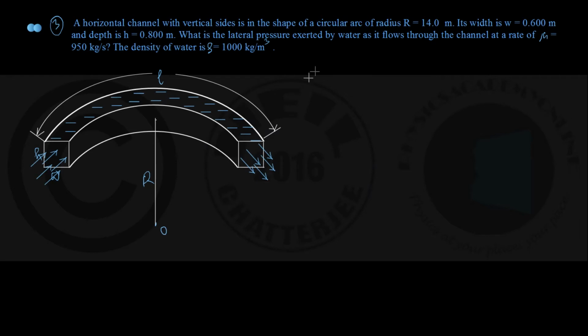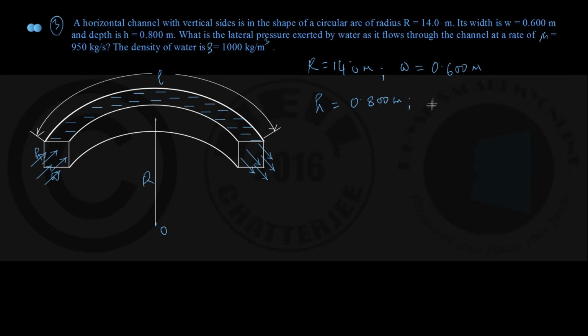So the data is given also. Let me write them down. First of all, radius of curvature R is equal to 14.0 meter. The width of the rectangular cross section is 0.600 meter. Height or depth of this rectangular cross section is 0.800 meter.